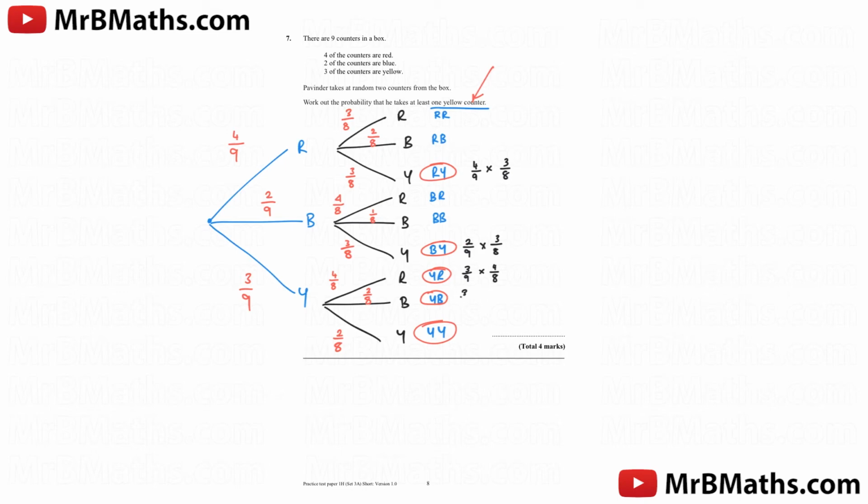And then we've got 3 over 9 again times 2 over 8. And then 3 over 9 times 2 over 8. So if I now put equals on all of these, I'm going to have 72 as the common denominator, because 9 times 8 for all of them.